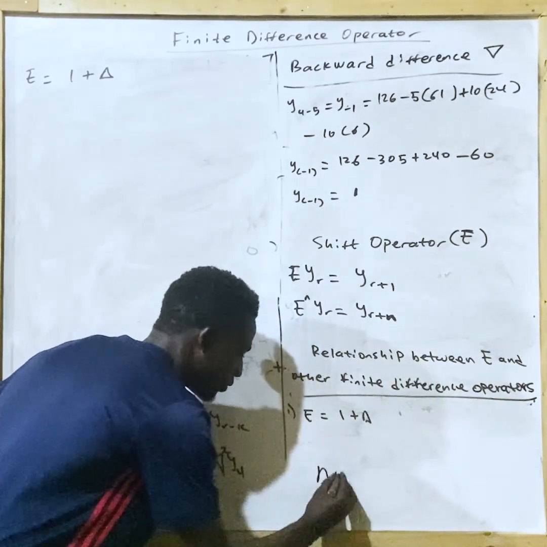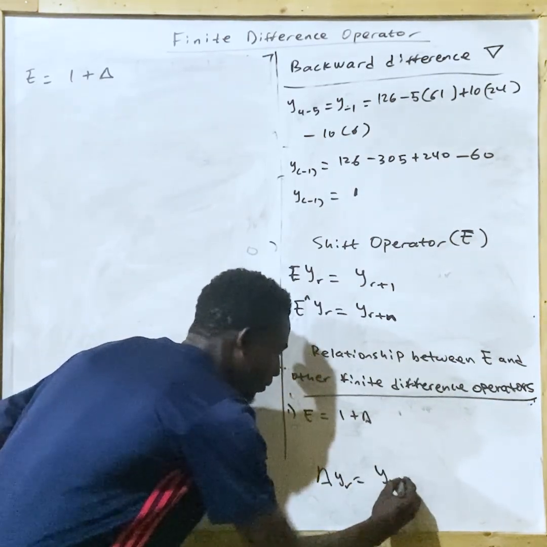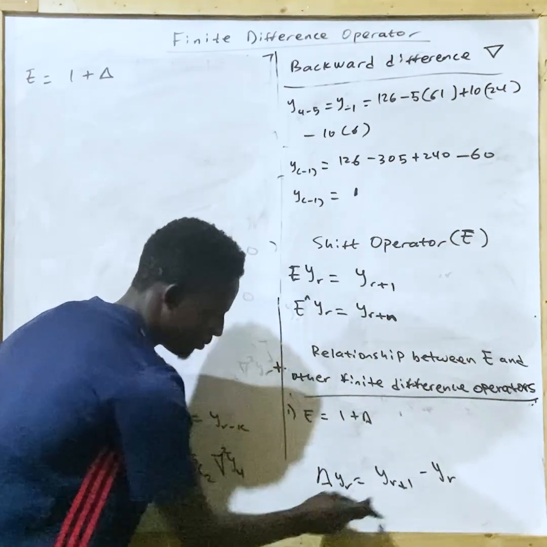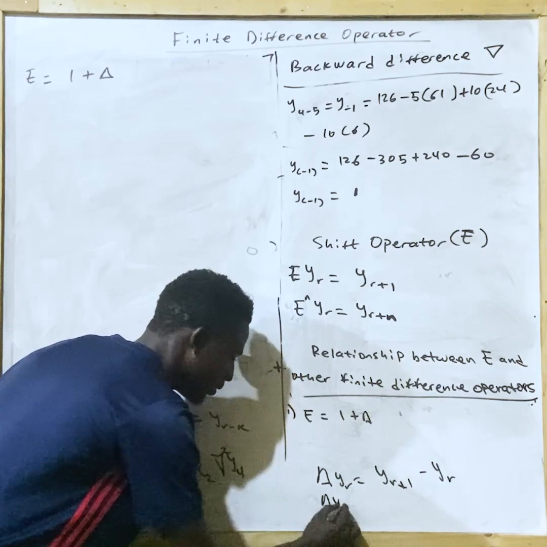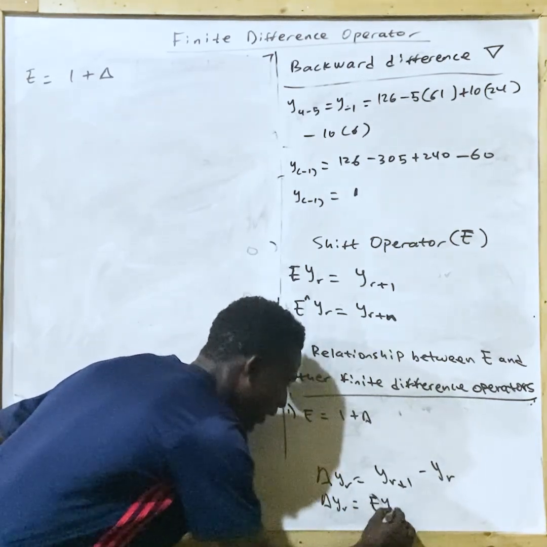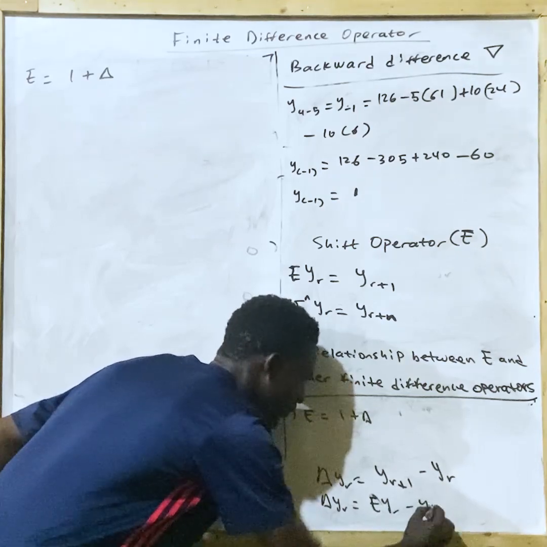So my forward difference of yr is yr plus 1 minus yr, and this is E of yr minus yr.